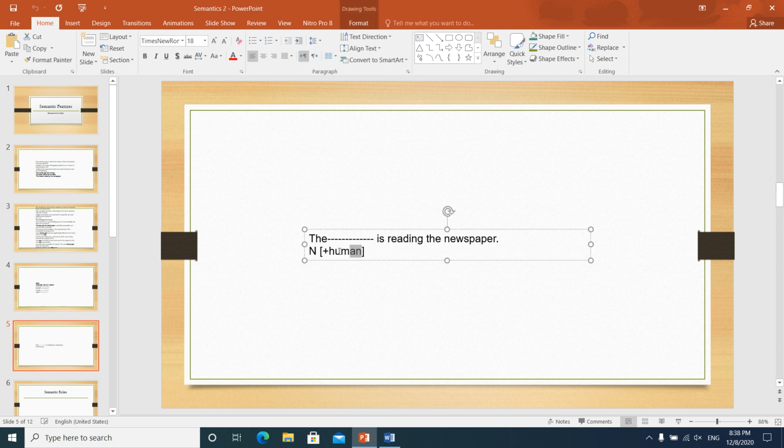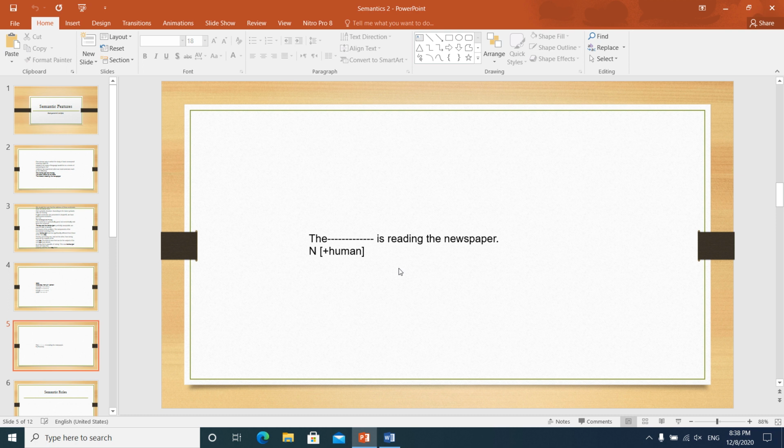plus human, right? Because only human beings can do what? Can read. Can animals read? No, of course. Can robots read? No, of course.